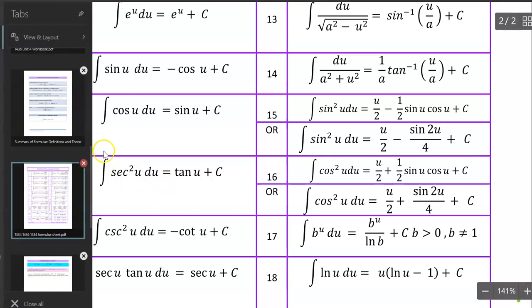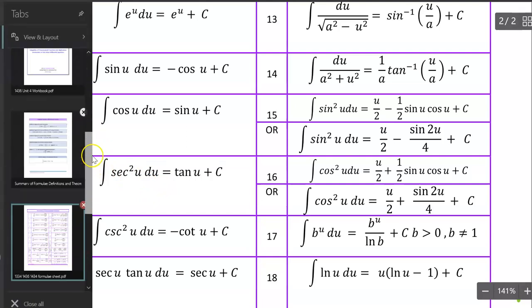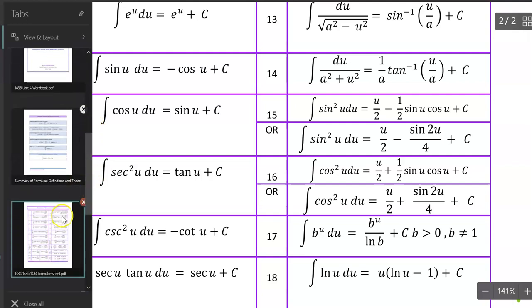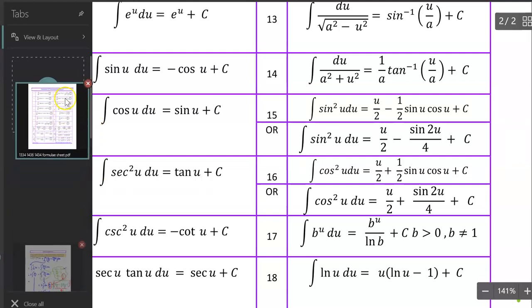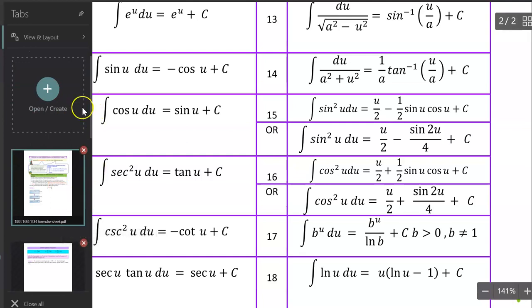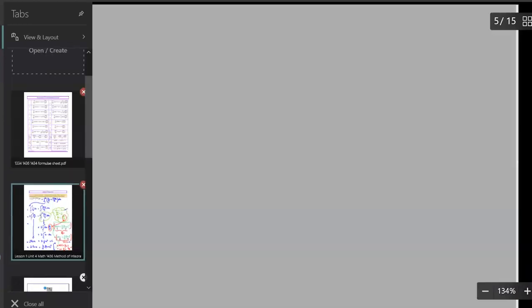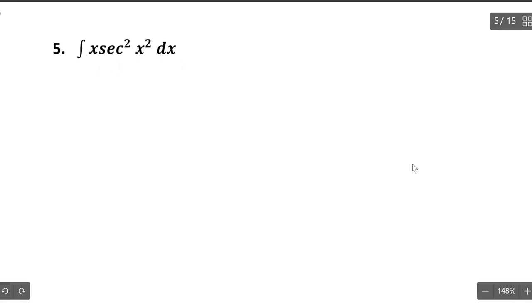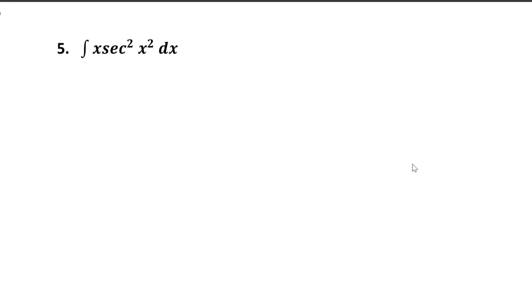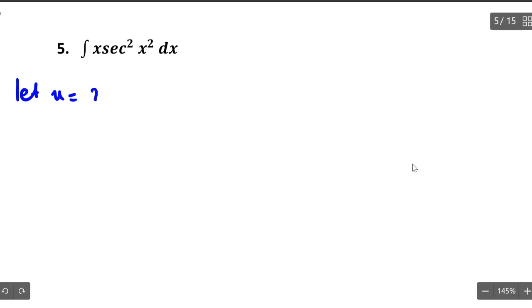So if we go back to our example, we can go ahead and apply the formulas for this. If you let u equal to x squared, what do we have?